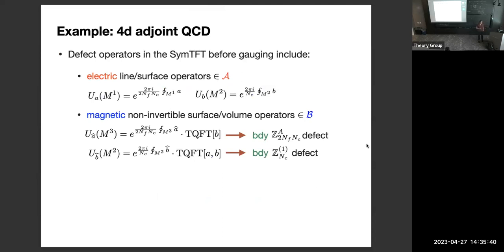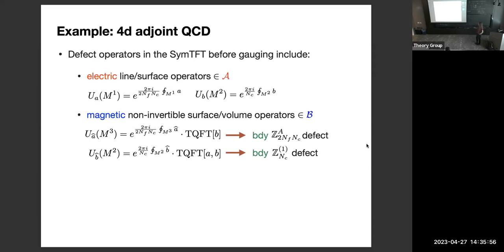So for example, in this 4D adjoint QCD example, you can go through the exercise. You can write down all the different defect operators in the 5D Symmetry TFT before gauging first. So I have basically 2 types of operators.